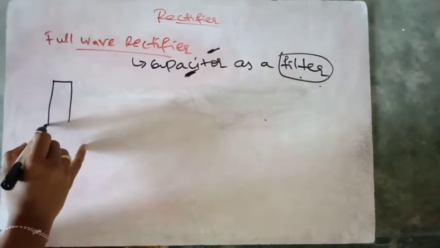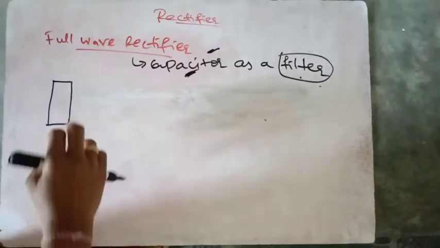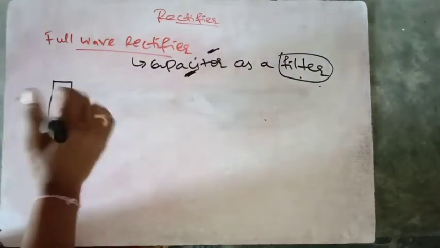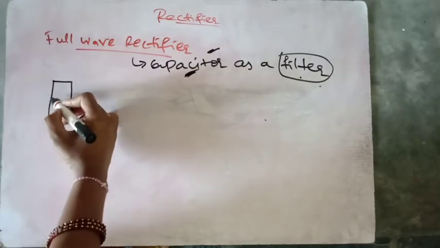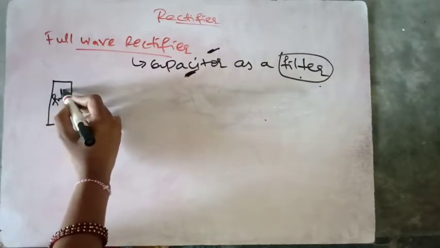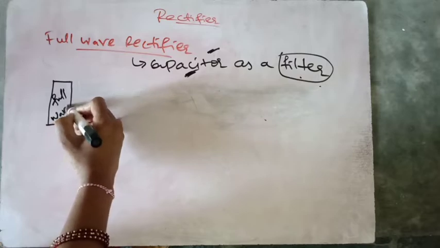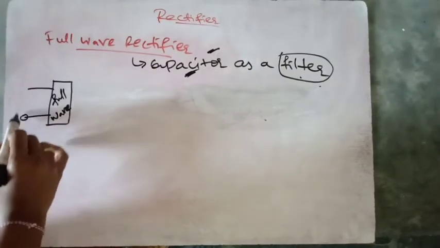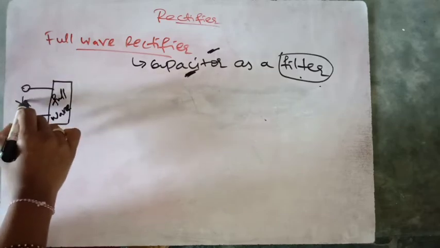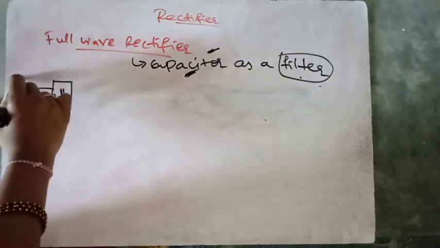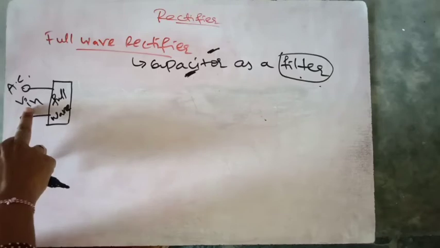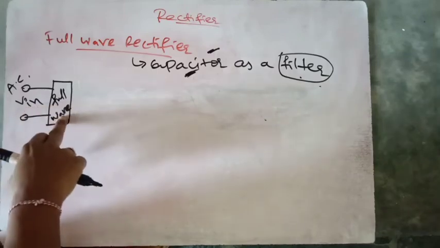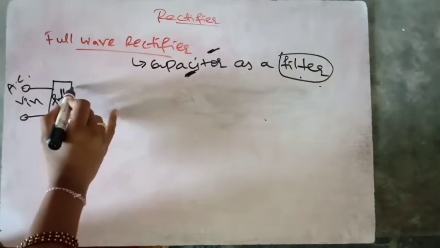This circuit contains a combination of full wave rectifier. You just write here: full wave rectifier. And this is the input voltage, the AC input voltage. I had given the AC input voltage to the full wave rectifier.